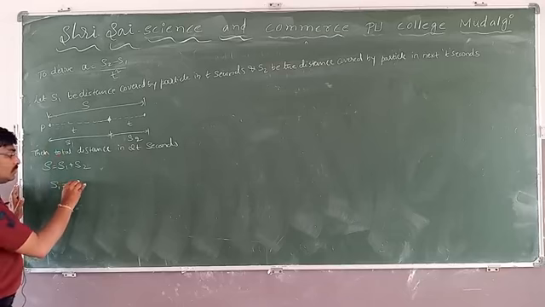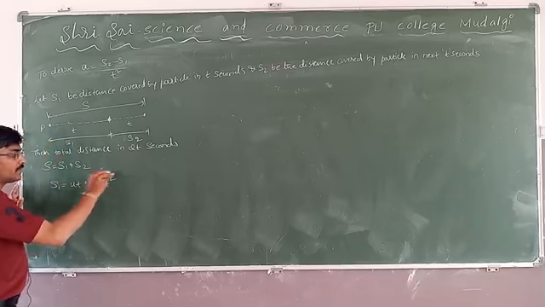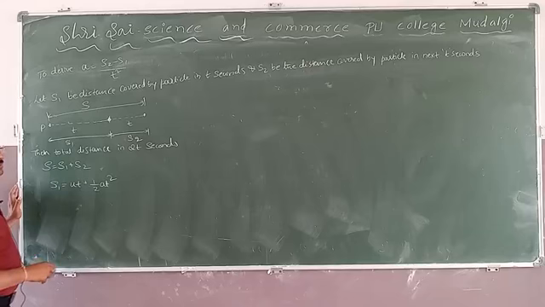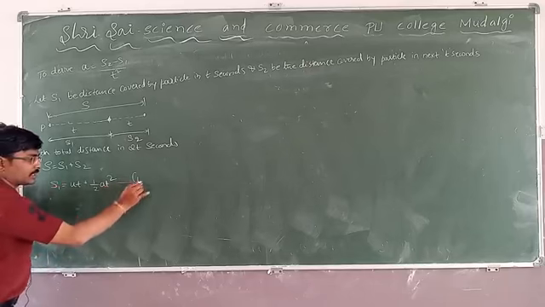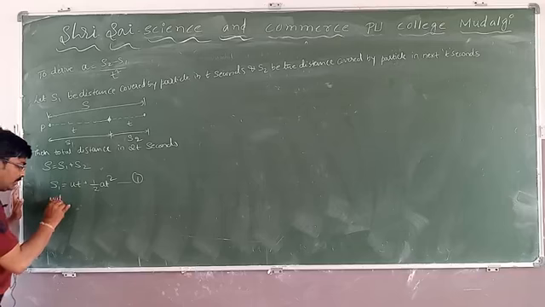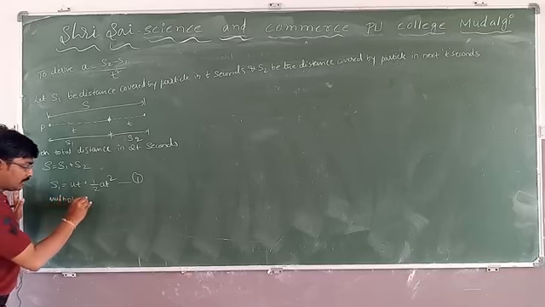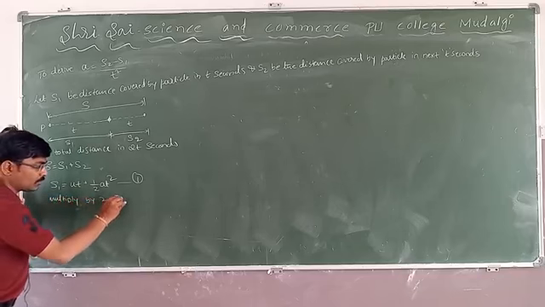u t plus half a t square for s1. Next, take this as equation number 1 and multiply by 2 on both sides.